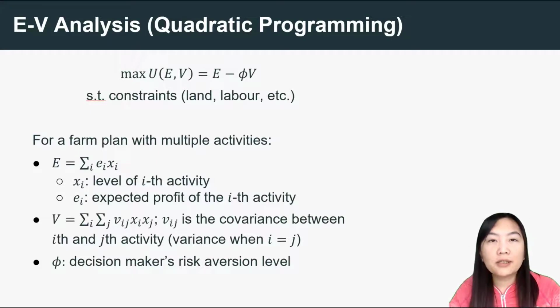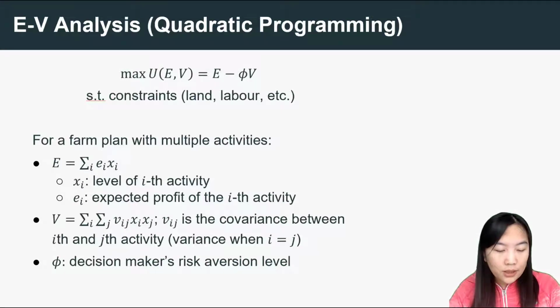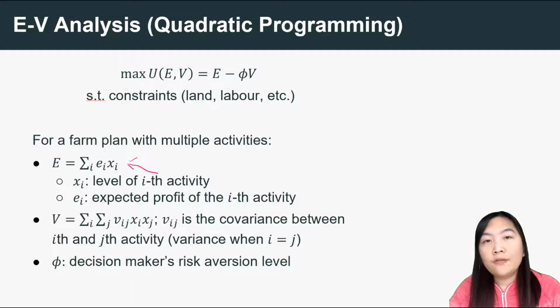It could be a little bit abstract, so it's okay if you don't understand it now. But later on, after you see an example, you can probably come back to this slide, and I think it will help you understand this concept. So the E here, as I mentioned, is the expectation or the mean, and here it is the summation of EI times XI.